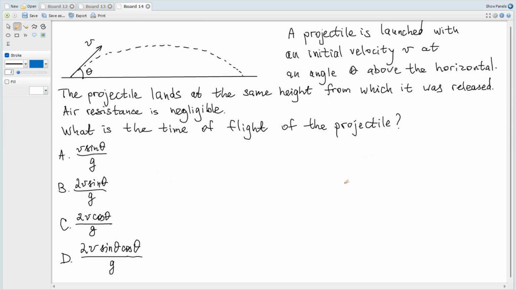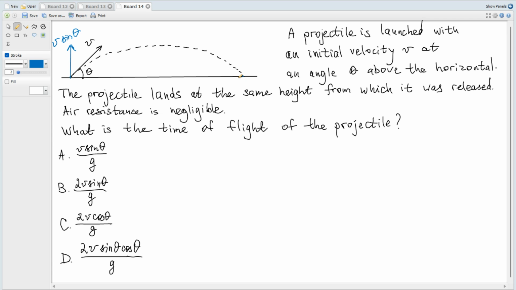The next, a projectile is launched with the initial velocity v at an angle theta above the horizontal. The projectile lands at the same height from which it was released. Air resistance is negligible. What is the time of flight of the projectile? The vertical component of the initial velocity is v sine of theta, and since air resistance is negligible, it lands with the same speed.